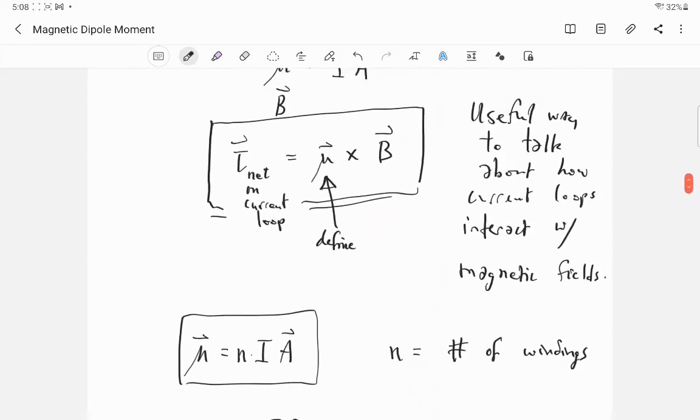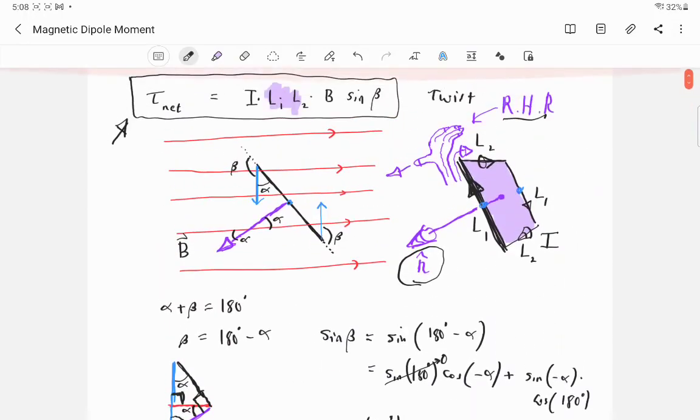In our example up here, if this was the current loop, can you see how different our mu vector, this is actually the magnetic dipole moment vector direction as well, it's been rotated almost 180 degrees away from its equilibrium position. So if you let go of this thing, it would collect up a whole bunch of rotational kinetic energy until it rotated all the way to pointing in alignment.